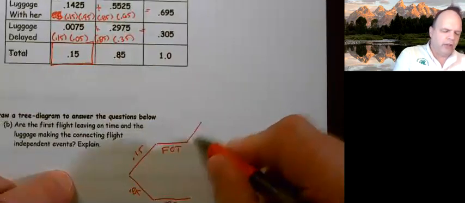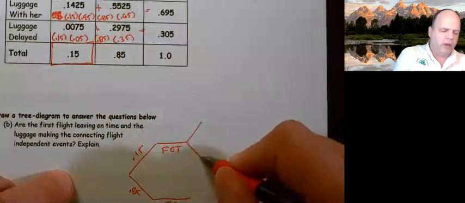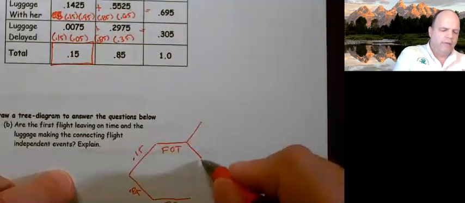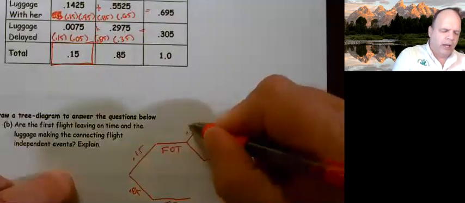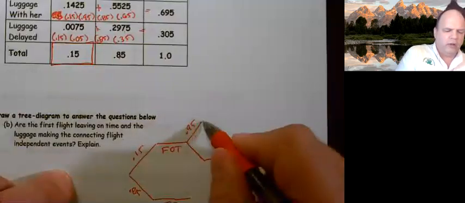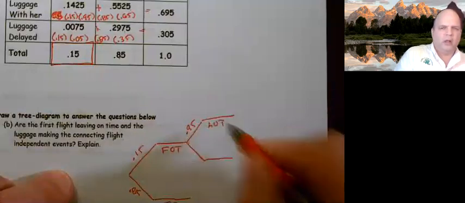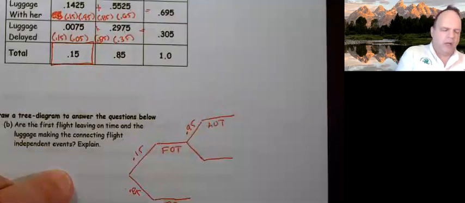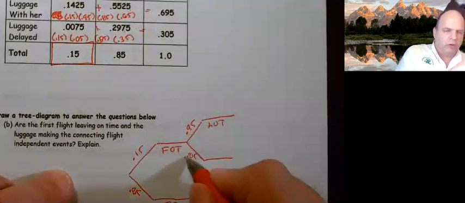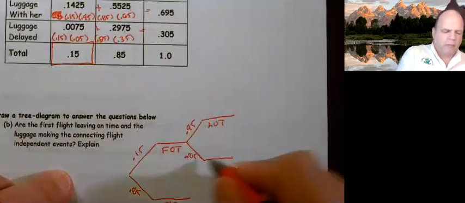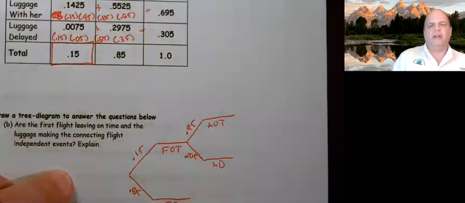If the flight is on time, and now we've dealt with flight time, now we need to deal with luggage. If the flight is on time, there's a 0.95 chance that the luggage is on time. All right, so now we're looking at luggage on time, and that means there's a 5% chance that the luggage is delayed.